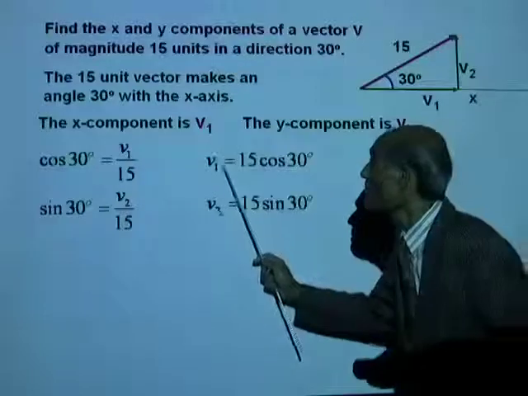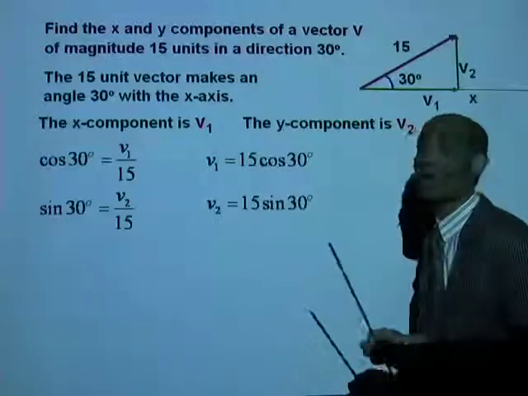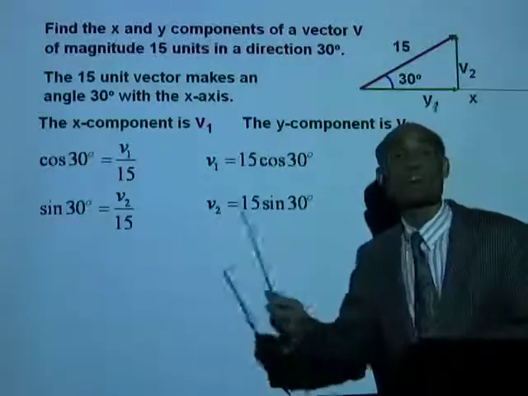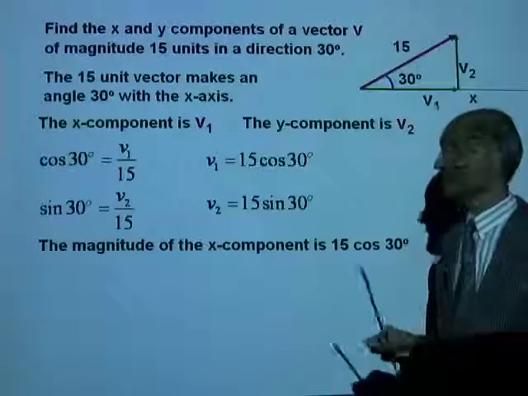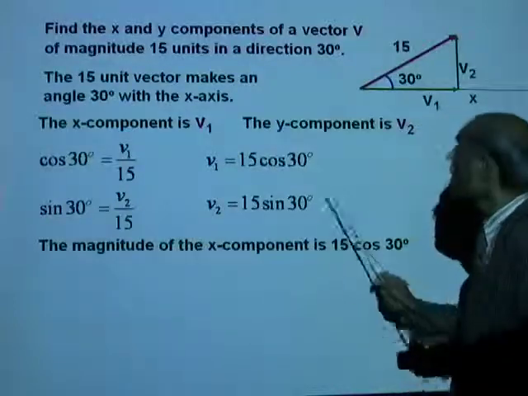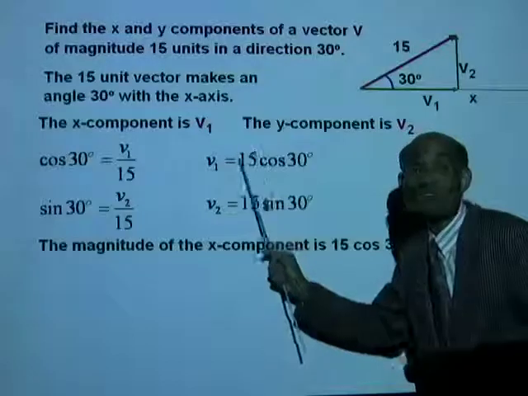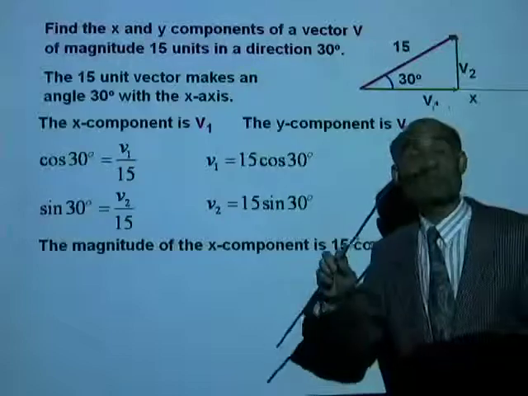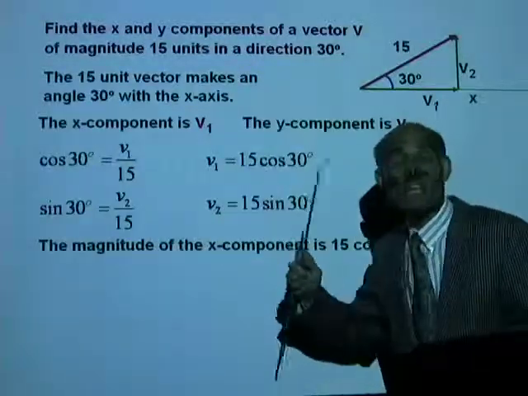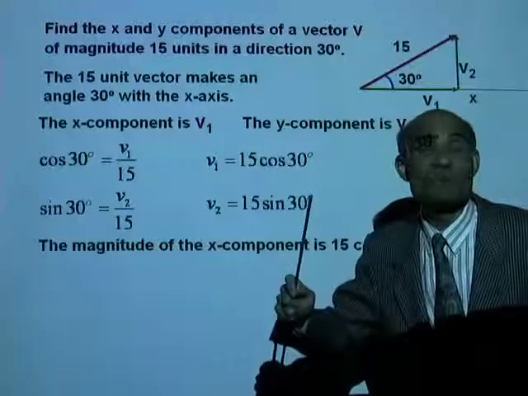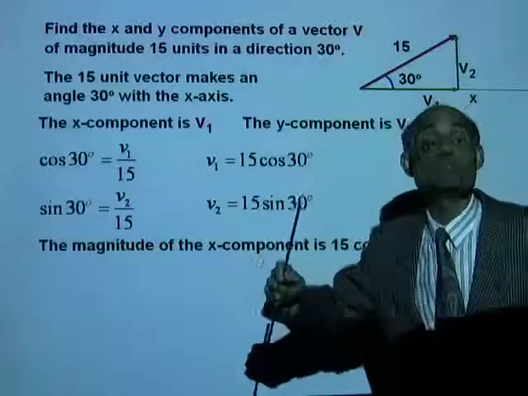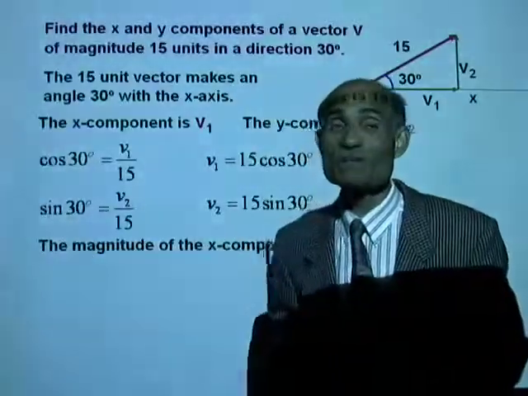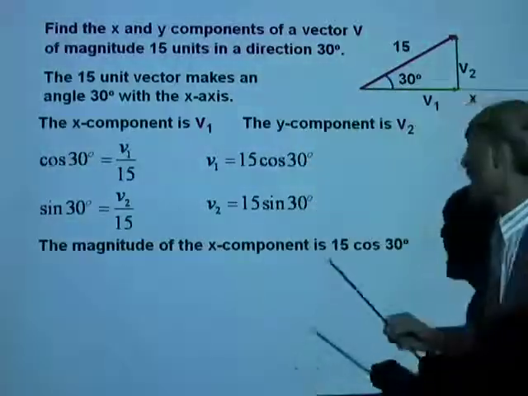So the x component of the vector is 15 cos 30 degrees, and the y component is 15 sine 30 degrees. This is the magnitude of the x component, 15 cos 30 degrees. If you want to specify that this is in the x direction, all you need to do is multiply it with the unit vector in the x direction. What is the unit vector in the x direction? The lowercase i.